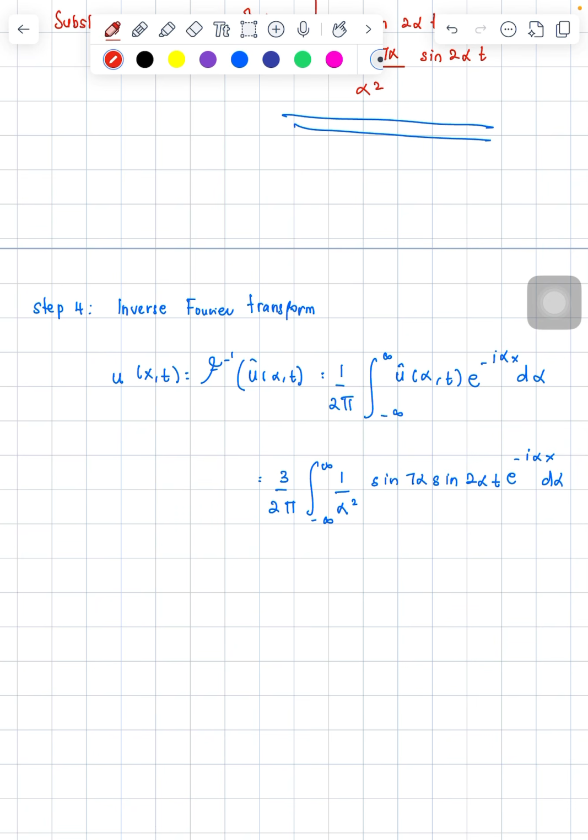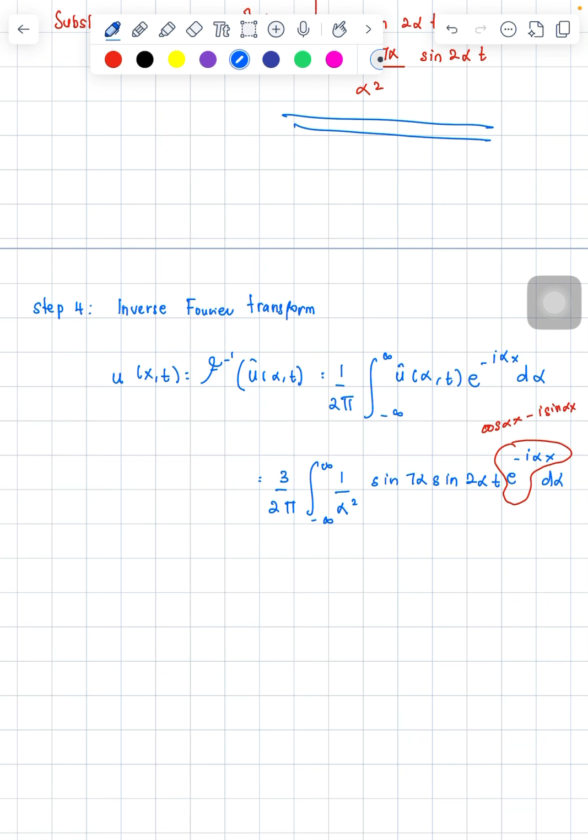Okay, e to the negative i alpha x, we can transform into cos alpha x minus i sine alpha x.